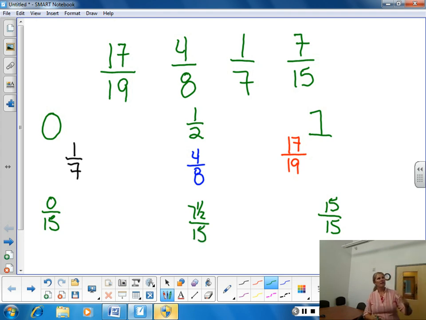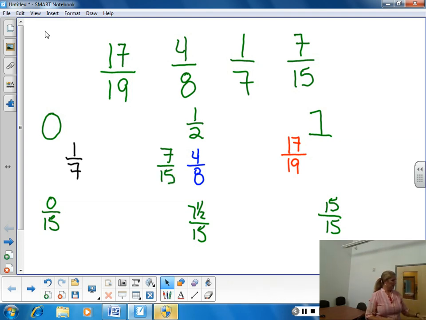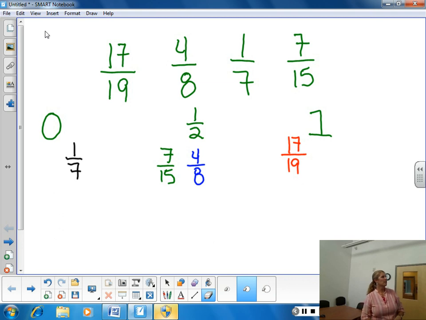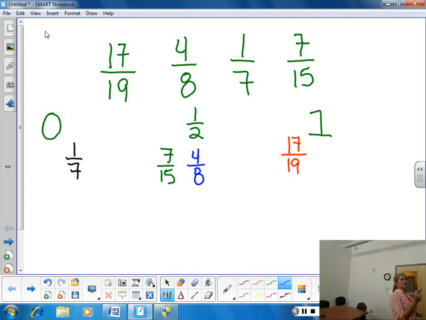And what I have is 7, so it's pretty close to a half, but not quite. So it's actually a little bit less than a half. By doing it that way, I didn't do any real calculations except finding that halfway. But by doing that, I could see that I have 1/7, then 7/15, then 4/8, and then 17/19.